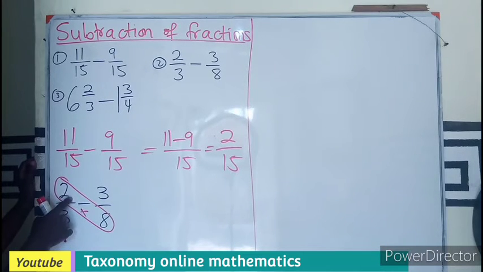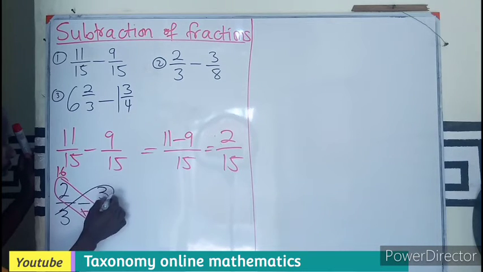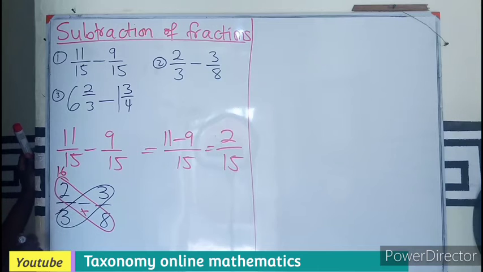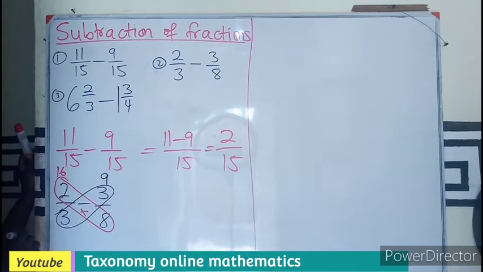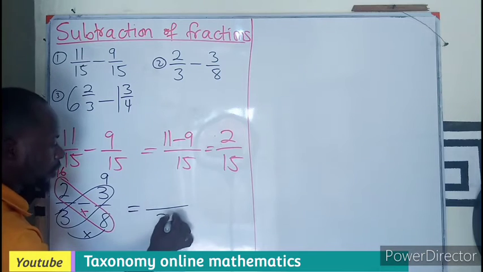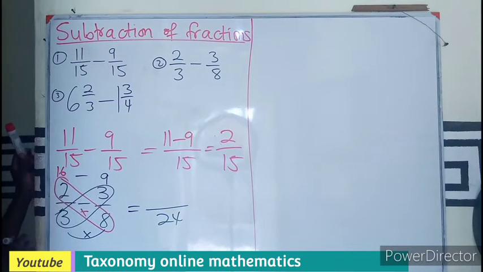So this will give you 16. Then inside this you also multiply, and you get 9. Now your denominators will be multiplied to get 24. Now your numerators are going to be subtracted.